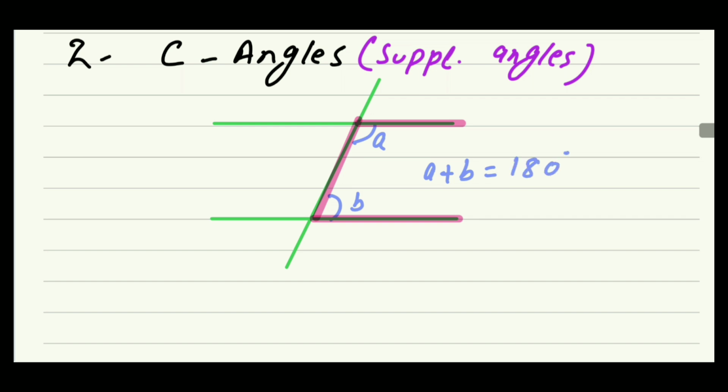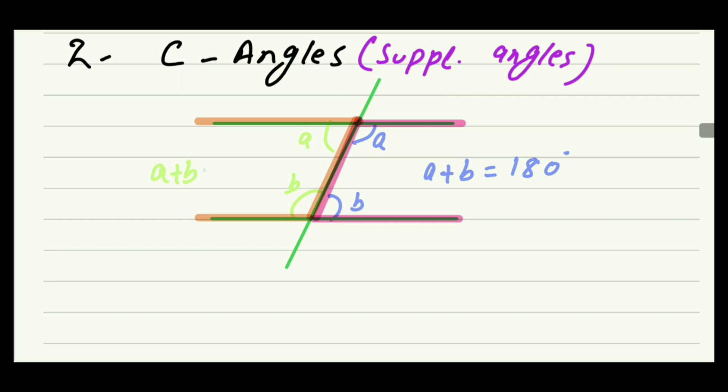And the other C you can see here is this C. The sum of the angles between this C should also be equal to 180 degrees.